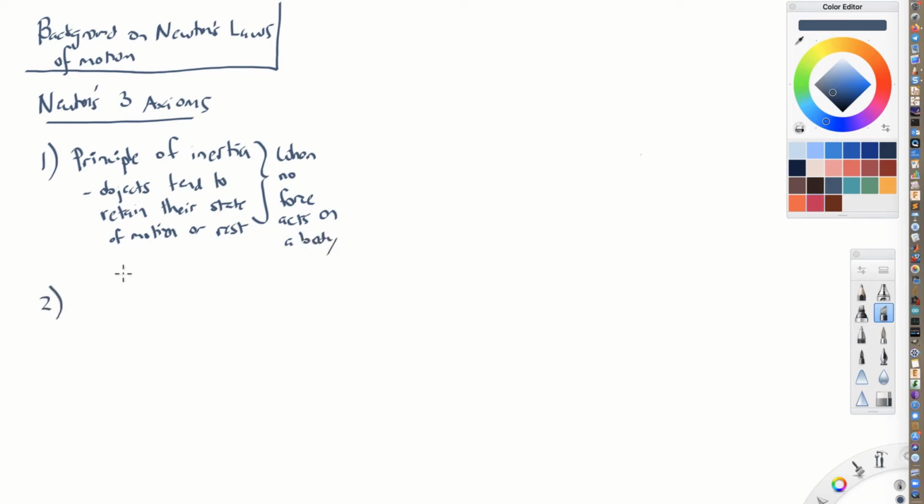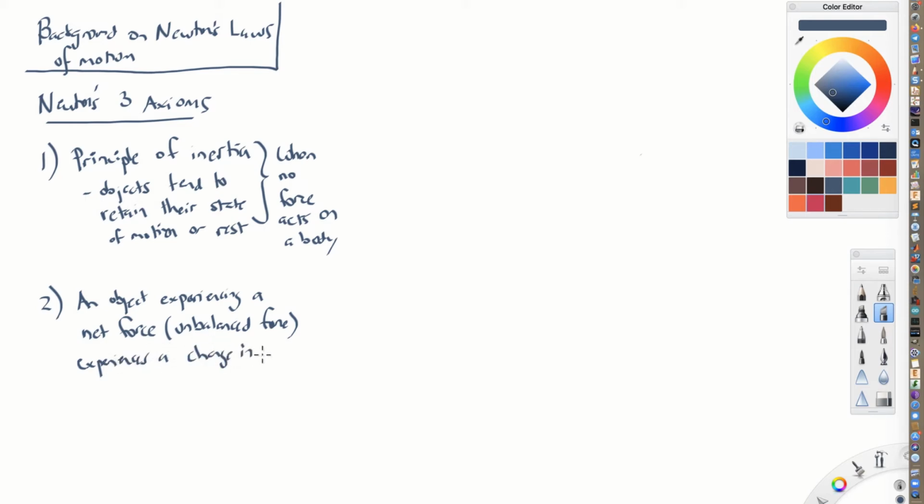The second law of motion says that when an object feels a force, its motion changes. I should be careful here: an object experiencing a net force, by that we mean an unbalanced force, experiences a change in its state of motion.